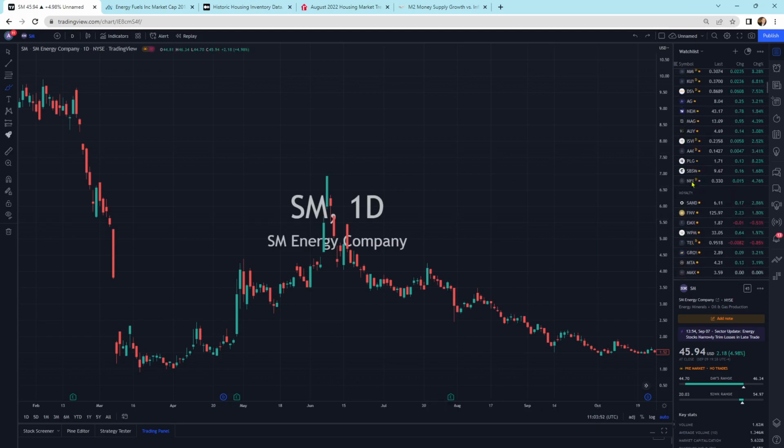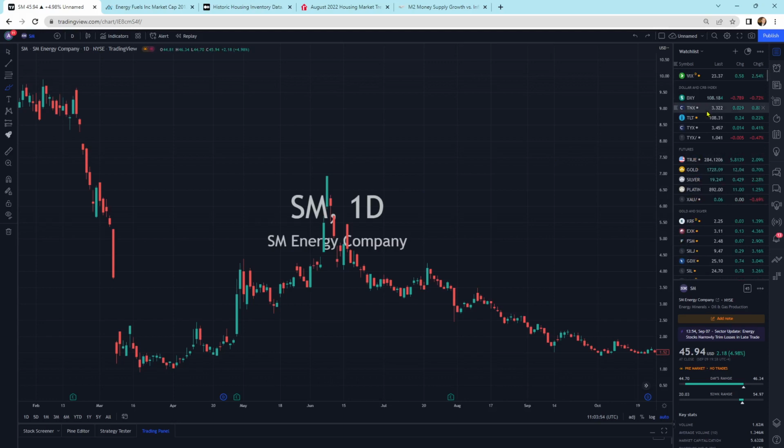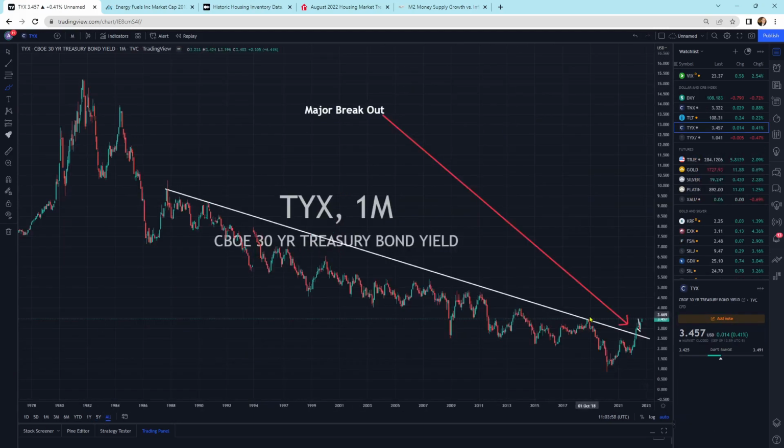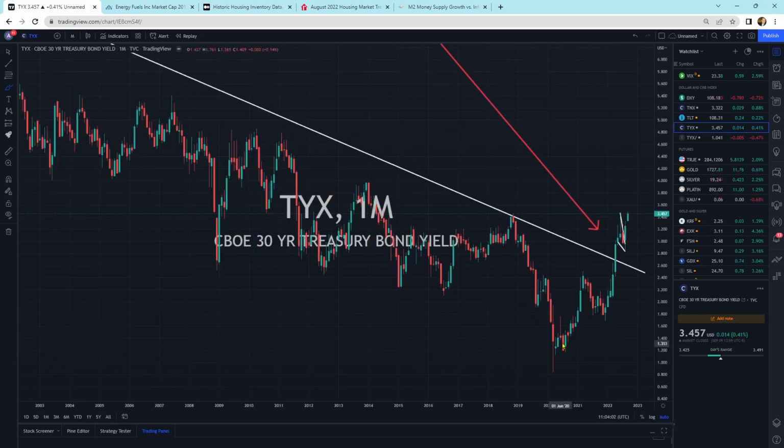And the interest rates, if you look now, we'll look at TYX, the 30-year. You take a big long-term view, we have a major breakout. And what I was doing is I was buying the bottom of these rates here before they came up. So the key to making a lot of money is to buy something before the price tells you you are right.